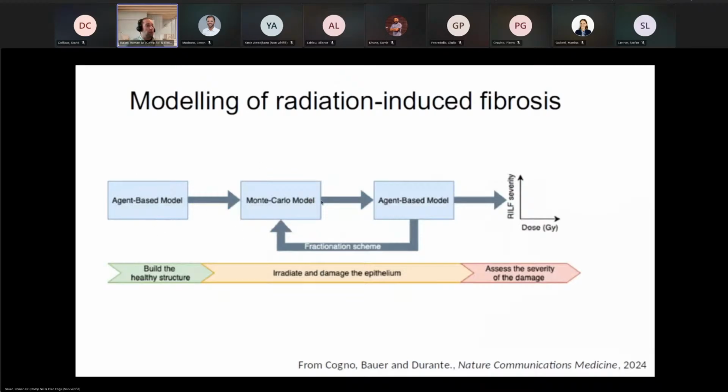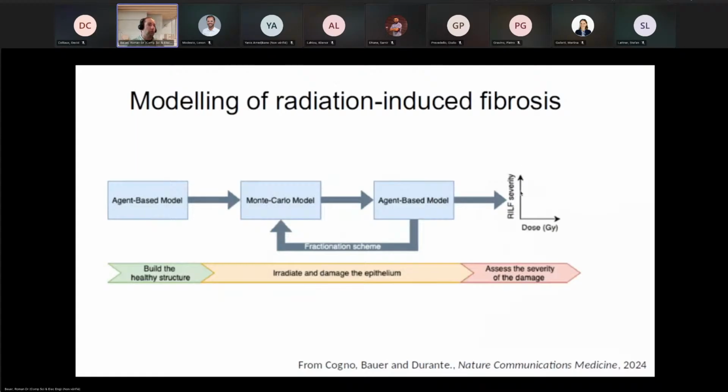He interfaced that with a Monte Carlo model that simulates the impact of radiation on single cells. And by using this interfacing, he could extrapolate, so to say, the in silico modeling to entire tissues and entire alveoli of the lung. And he could then create models of the radiation-induced lung fibrosis, or RILF means radiation-induced lung fibrosis.